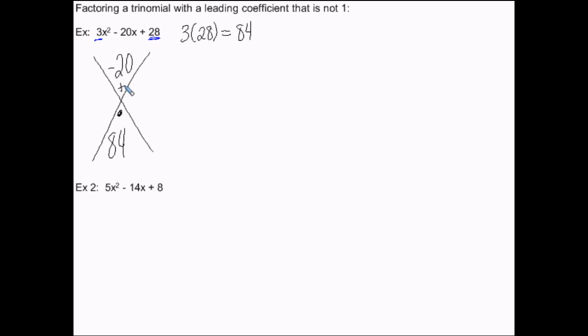Close, but not quite. Two things that will multiply to make 84, but add up to make 20. Sometimes it can be challenging, right? So here's a trick. We'll come over here and we'll make a factor tree.